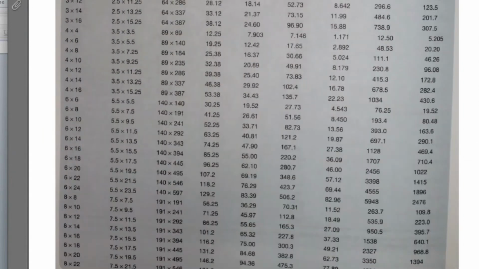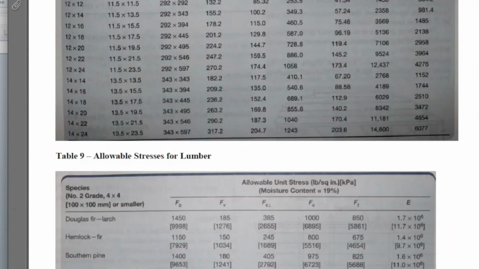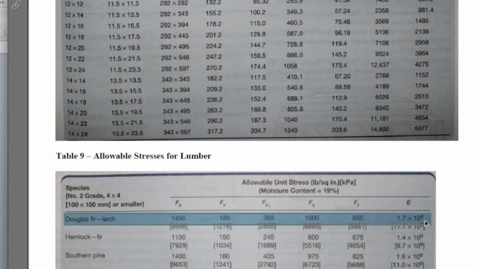So that's what I'll be drawing from for these. And then further, when we check it against our actual allowable stresses, we're looking at the Douglas fir larch and all of these values for E, bending force, shear, compression, etc.